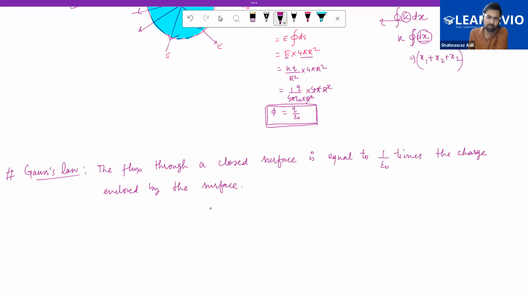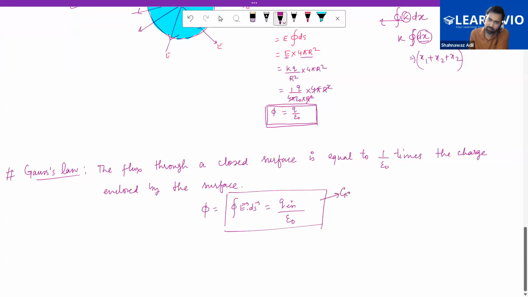Right, so this flux, which is E dot dS, is equal to Q enclosed by epsilon naught. So this is what we call the Gauss law. Is it clear?